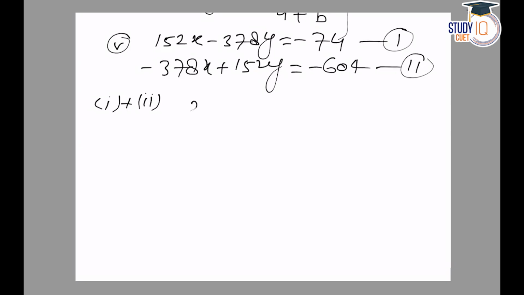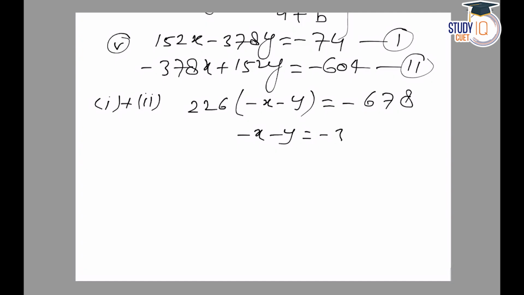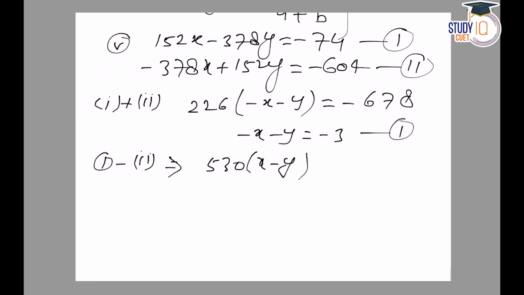So we get minus 226 into x plus y equals minus 678. So x plus y will be 3. That is equation 3. Again subtract 2 from 1, we get 530 into x minus y equals 530.